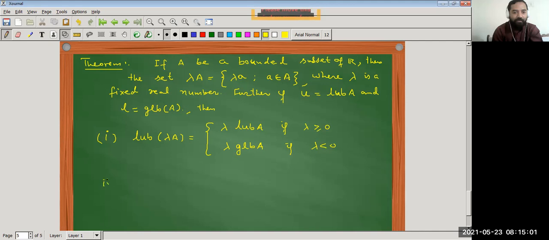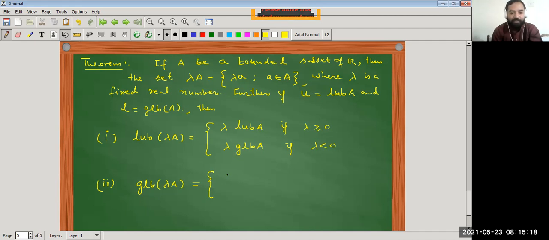Second, the greatest lower bound of lambda A. Again, it depends upon lambda.